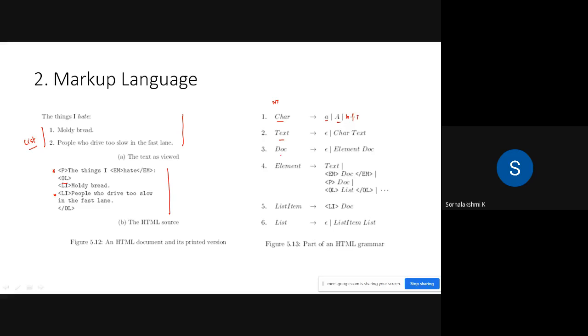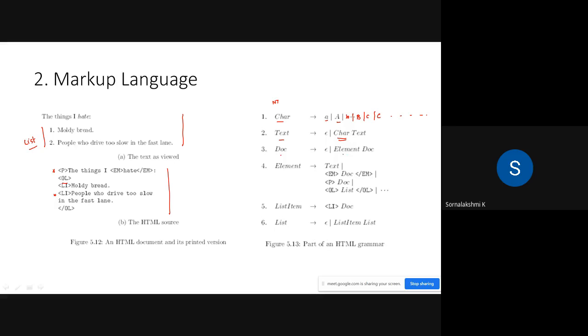It could be B, then C, and all symbols that you allow in HTML should be defined by character. So a character is a single string of length 1. Text is a sequence of characters. Again, text does not have any tags; it's just a sequence of characters.